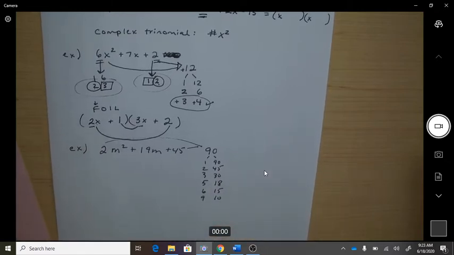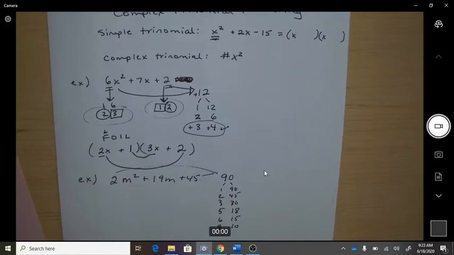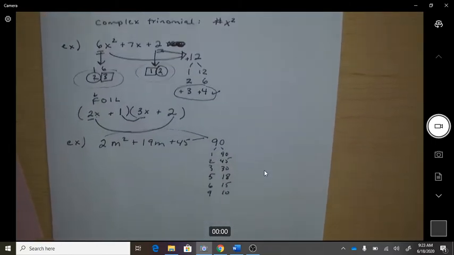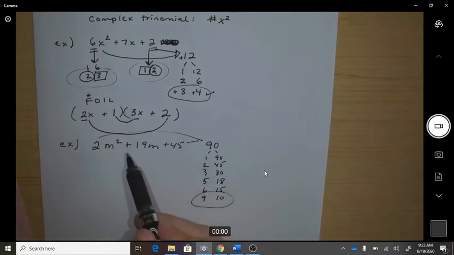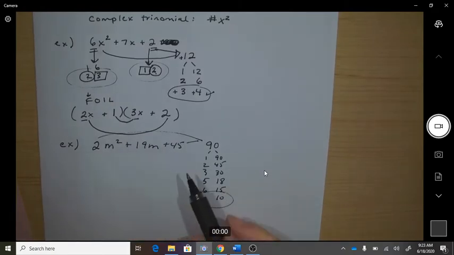So do you see any multiples of 90 that would make a 19? And that would be that. So again, since 2 and 45 are positive, I need a positive 19, so positive, positive.